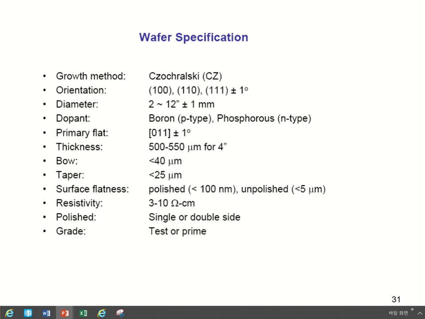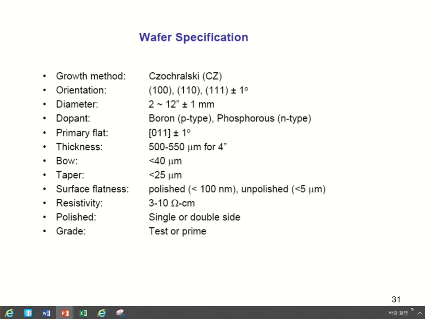And their diameter is also available from 2-inch up to 12-inch. And for dopant, you can use boron or phosphorus for P-type and N-type respectively. Primary flat is in the 011 direction.